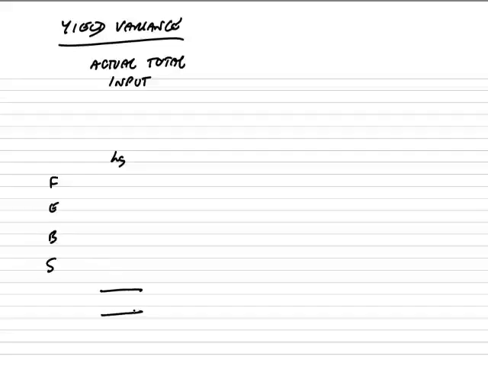In total, how much was it, the actual figure? 23,478. That's what we actually bought to make our cakes. I want to know if we bought too much or too little in total. We compare it with the standard total input for the actual production.